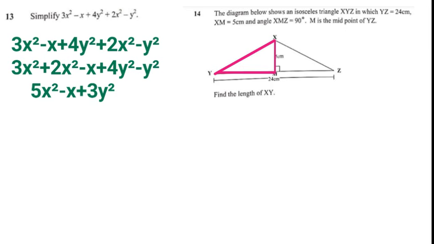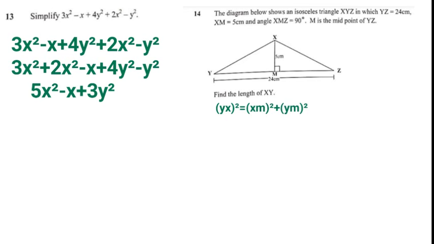So we're going to have YX squared is equal to XM squared plus YM squared. That is the formula we're going to use, and that is Pythagoras theorem. First I'm going to remove the drawings on the triangle so that we can see exactly the measurements. Like 5 there, it's a bit obstructed.